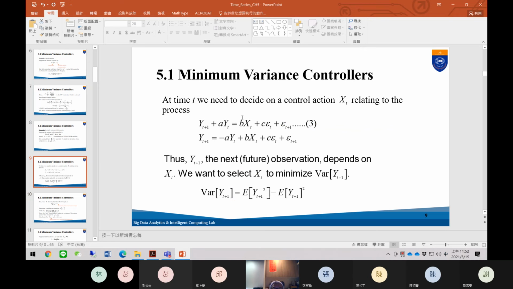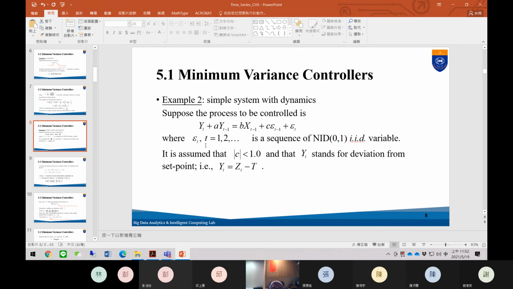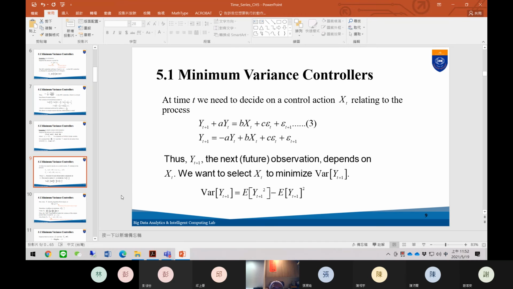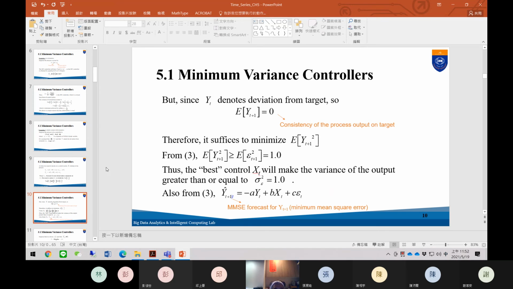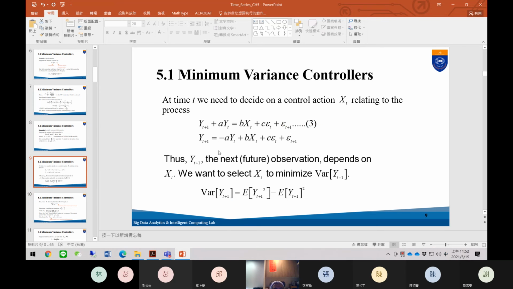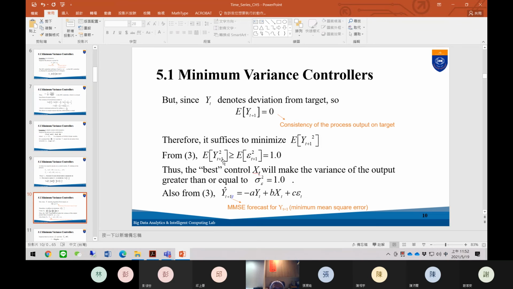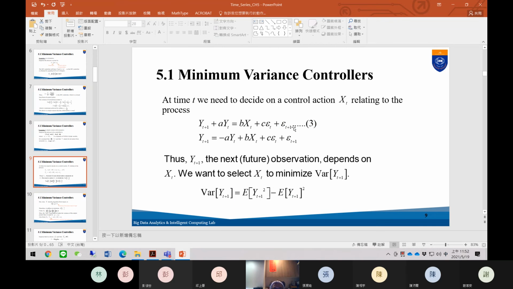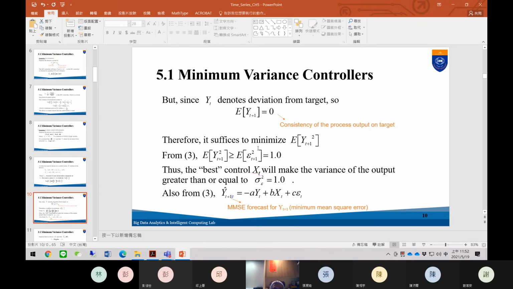Y_(t+1) is like this. This one is squared, and these are things out. So from 3, this is the best we can do.